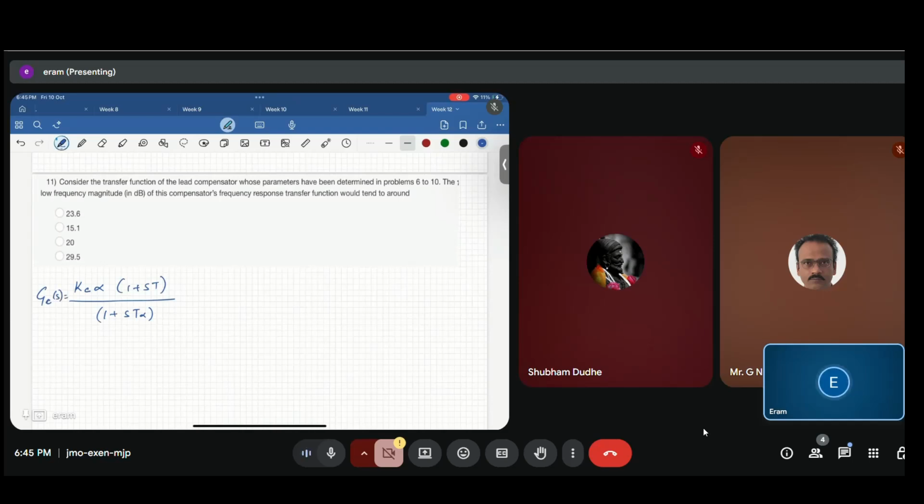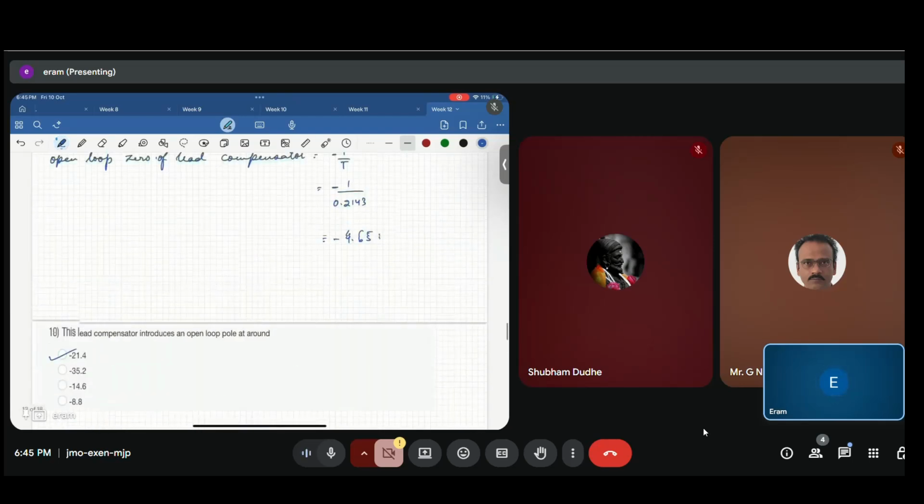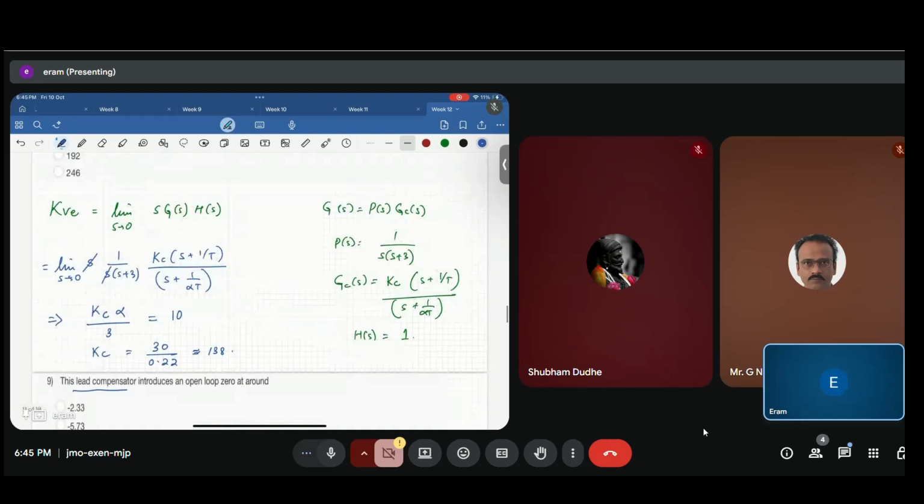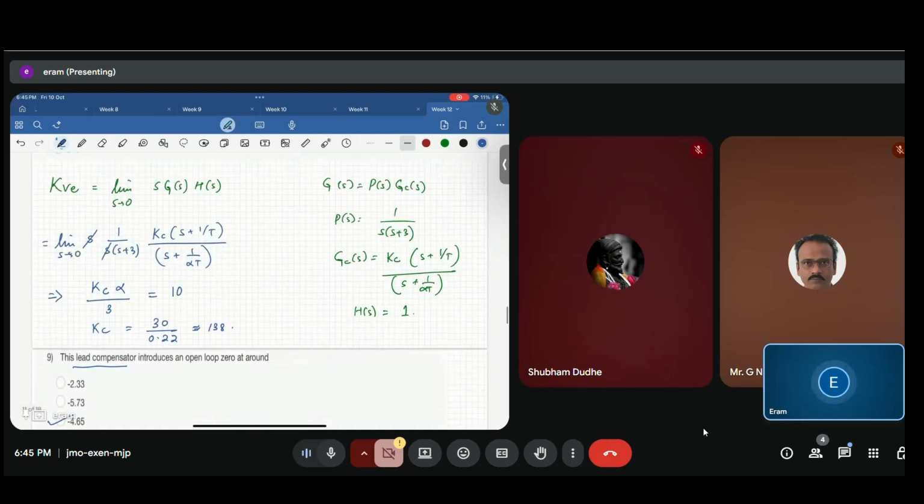Okay, so for this compensator, calculate the low frequency magnitude. So we had alpha which was equal to 0.22, and Kc we had also calculated, that was equal to, I think, yes, it is 138. So your Kc alpha equals 30.